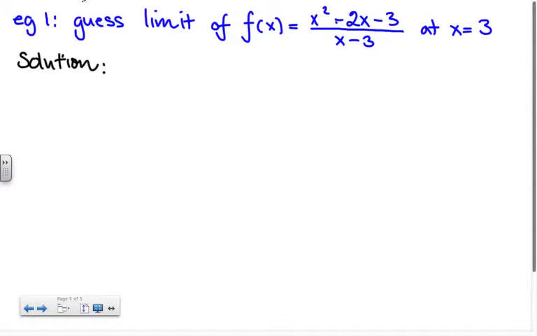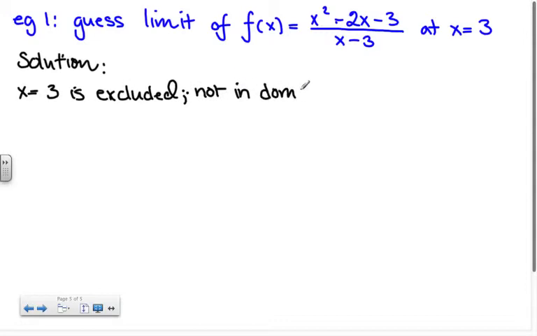So in our situation, x equals 3 is excluded, right? Not in domain of f.